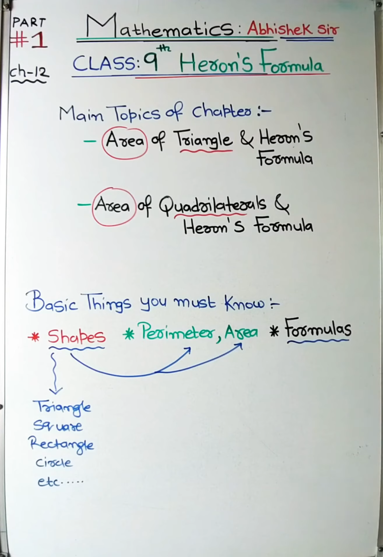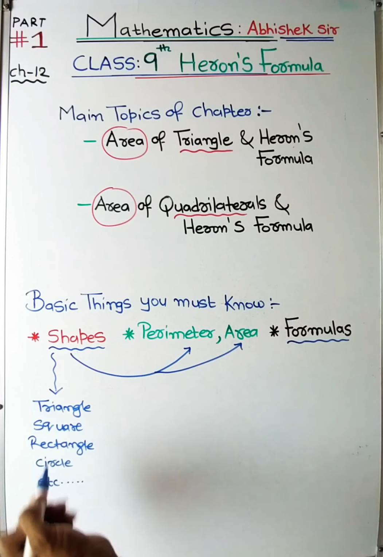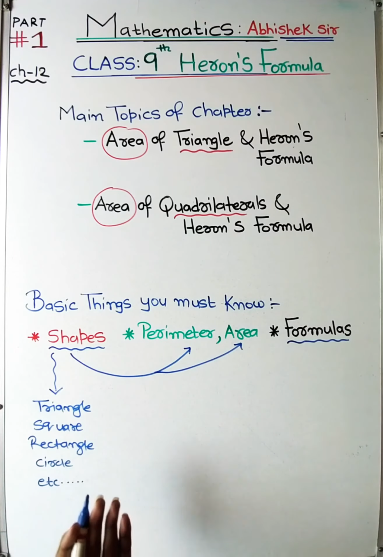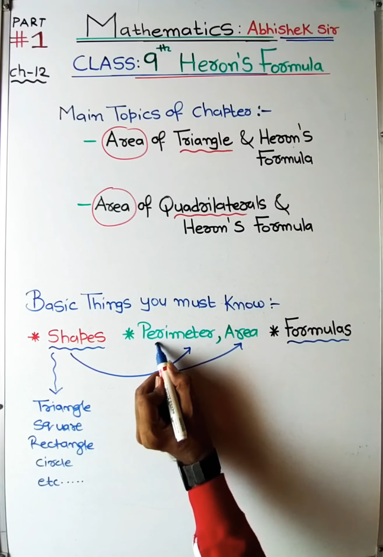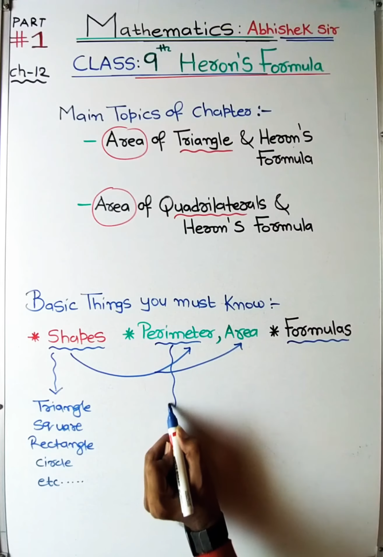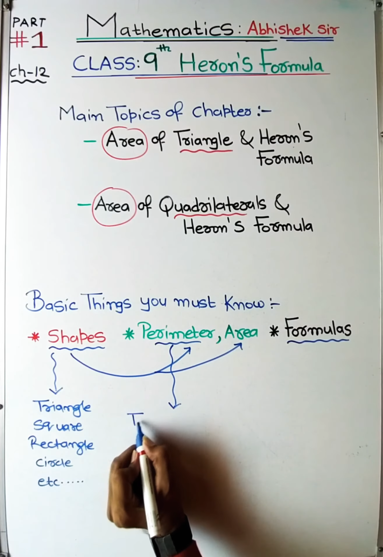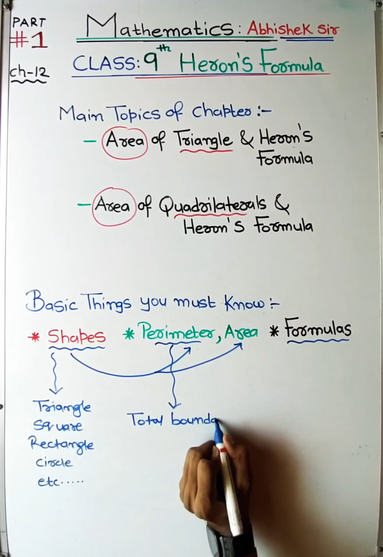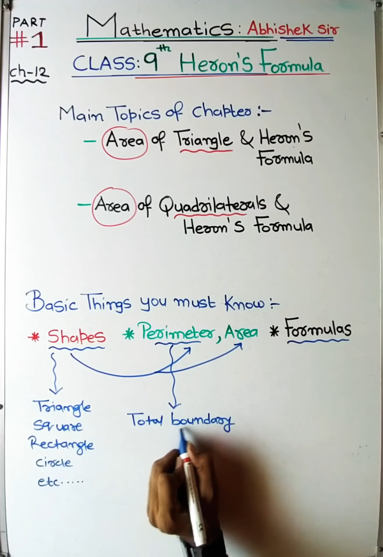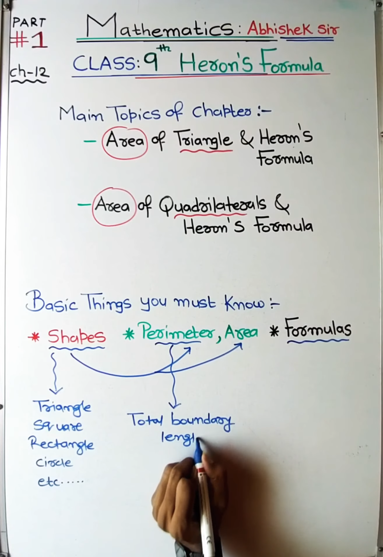Clear? But if we have knowledge of their sides, their angles, the measurements, we can easily know the perimeter and area. But what is exactly perimeter? Perimeter is the total length of the boundary. Clear?